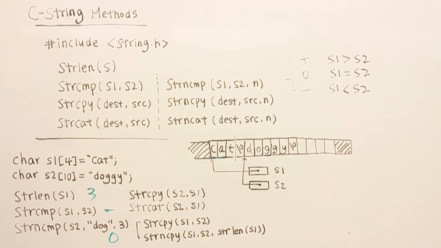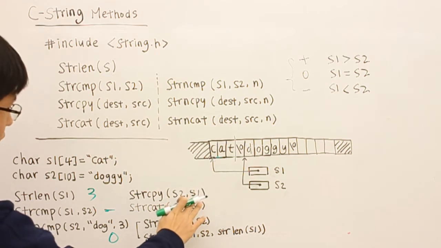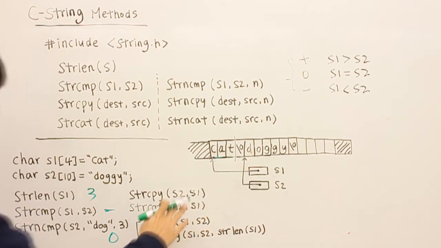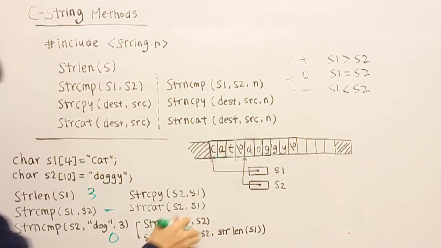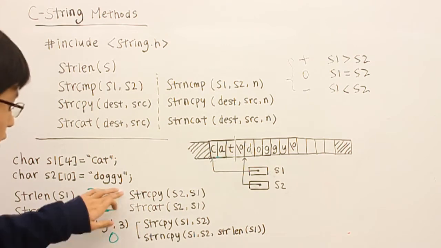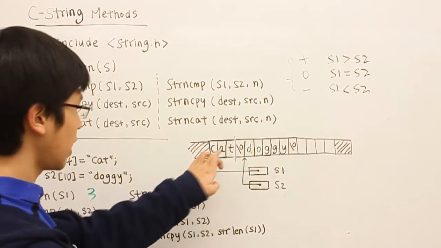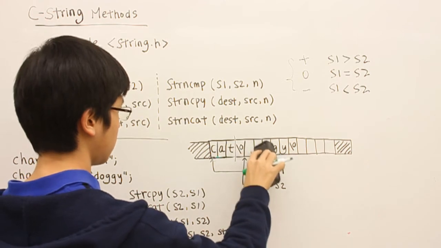strcpy S2, S1. So in this case, S1 is the source and S2 is the destination. So we're taking the string from S1, which is cat, and putting it into S2. So if we do this, we're basically taking CAT and putting it in right here.